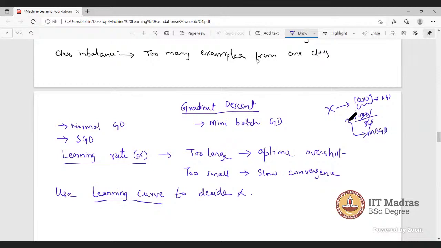And now suppose I divide this 1,000 into parts of 1 each, so I do it for one example. Then I call it stochastic gradient descent. So you are doing the update for each example individually in stochastic gradient descent. This is like what we do in the Perceptron.